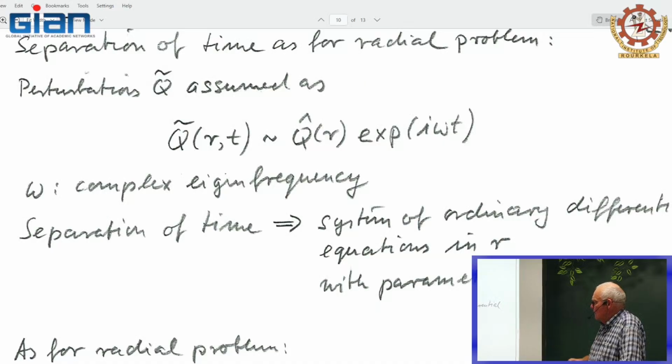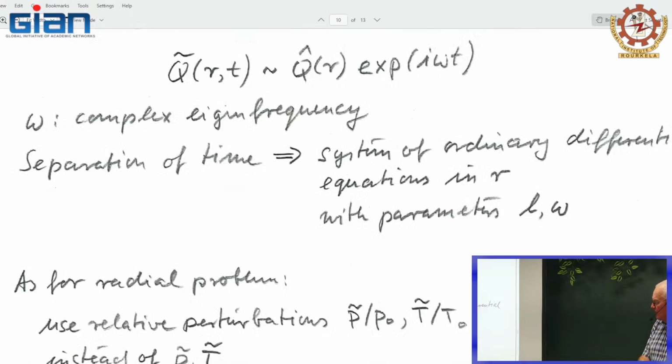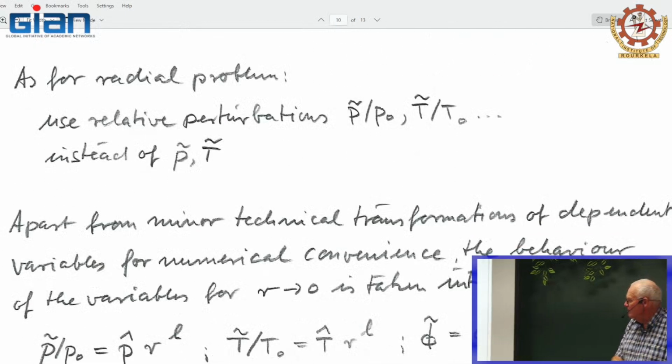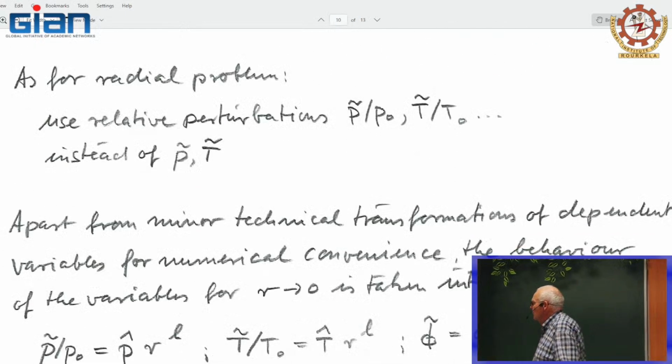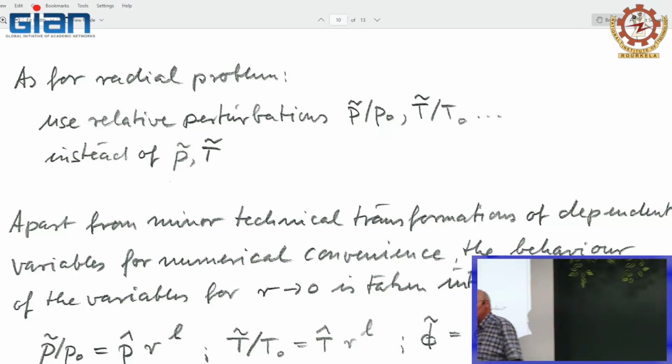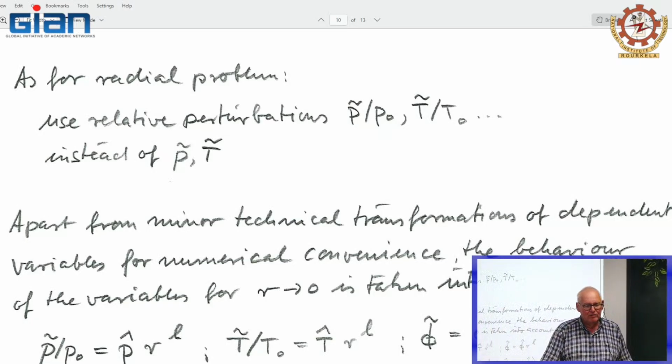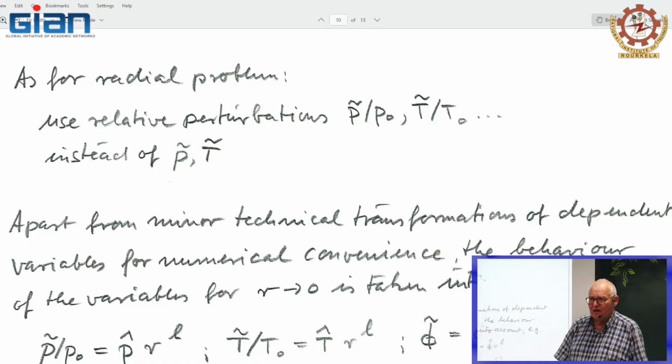We will try to get all the coefficients of our equations dimensionless. And in addition to that, this is a more technical point. Apart from going to the relative quantities, we have to consider what is the dependence of our variables once we go to r equals 0.